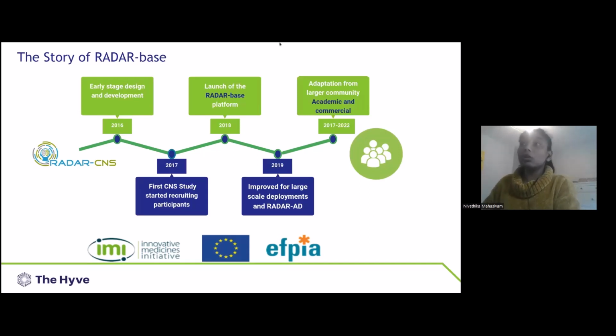So the platform started in this project. That is when we started doing the early stage design. And of course, the first study which used the platform was one of the CNS studies. But during this stage, we figured, okay, this is something that can be used outside this project, because there was already a lot of interest in such applications and in doing more research in this domain.